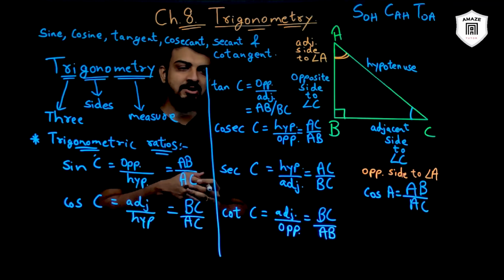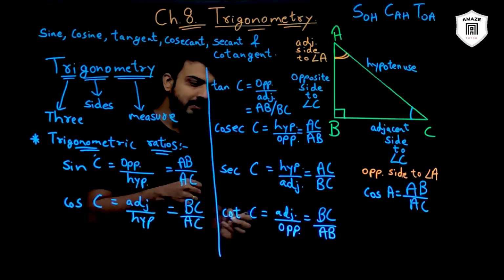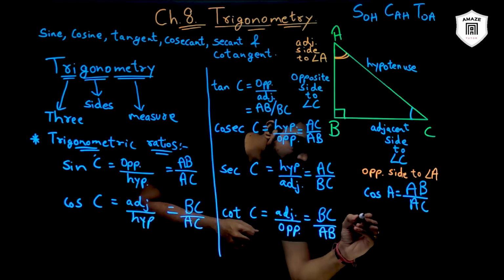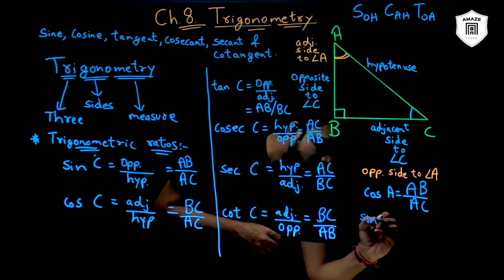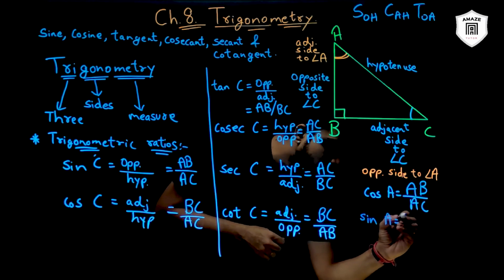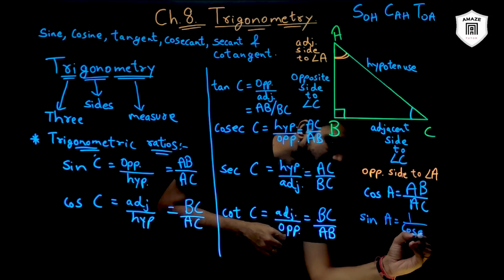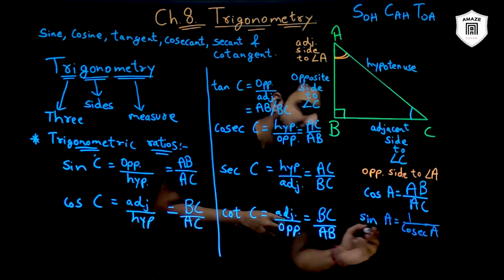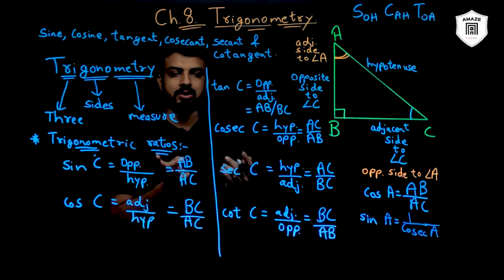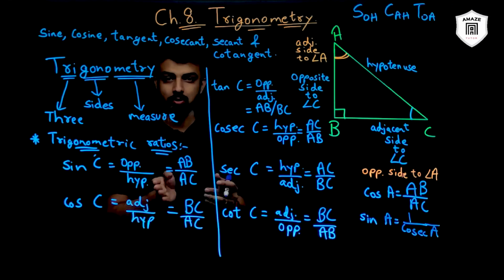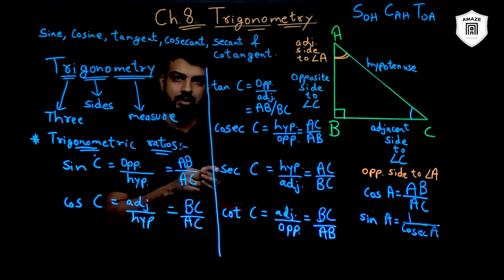Okay. Next part is, as you know that sine and cosec are reciprocal forms, I can write down in this way, right? That sine of any angle, let me write down A, will always be 1 by cosec A. Similarly, cosec A equals 1 by sine A. If 2 things are reciprocals of each other, we can write one equals 1 by the other one, right?